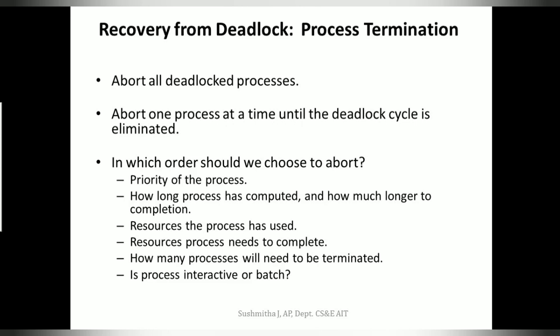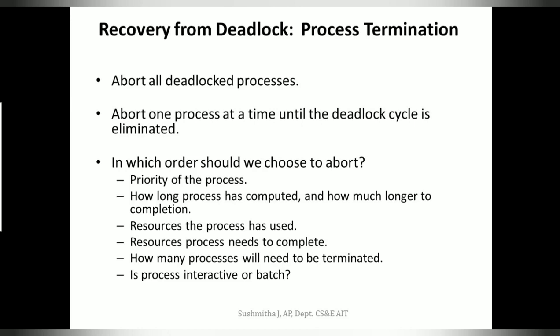But when we studied the detection algorithms, we saw that they take too many operations. So every time we are running the detection algorithm multiple times, checking if there is a deadlock and aborting one process at a time.